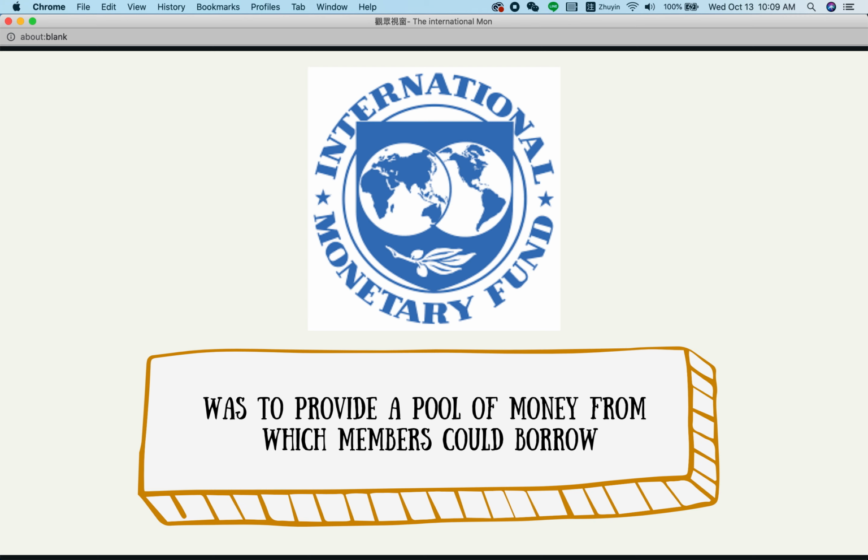Since the early 1970s, the rapid development of global capital markets has generally allowed developed countries such as Great Britain and the United States to finance their deficits by borrowing private money as opposed to drawing on IMF funds.